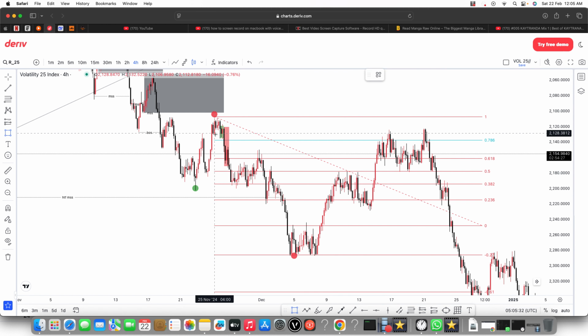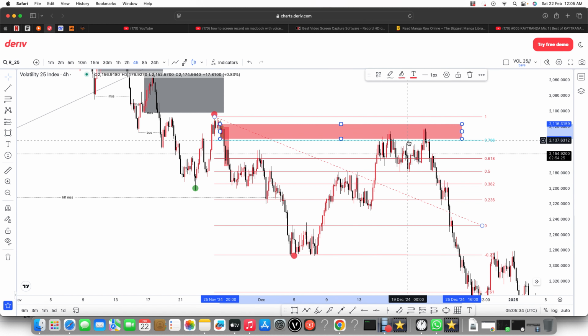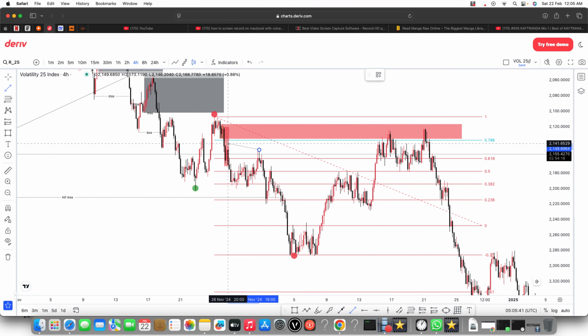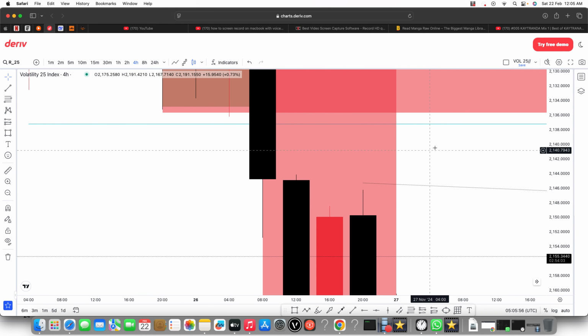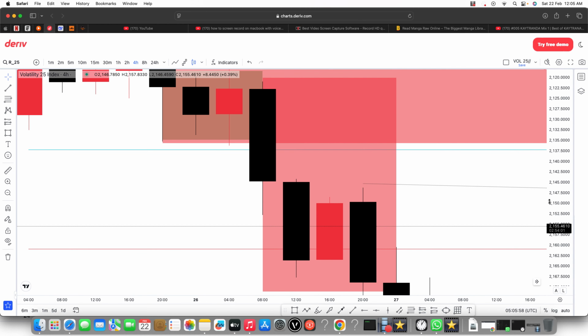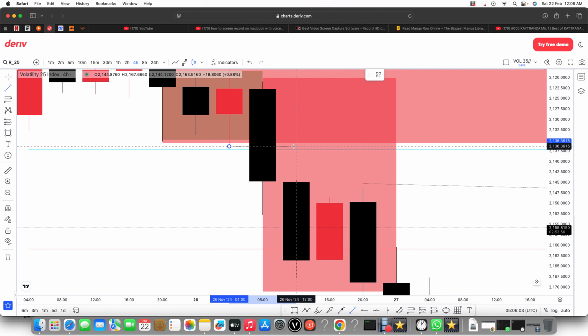This would have been our area of interest where we are looking to take our entry, and additionally we would have this additional confluence here to show that we're looking at an area of liquidity that should be swept, and we can see that there is a minor gap right there in price, which adds to our confluence that this here has to be swept and taken.